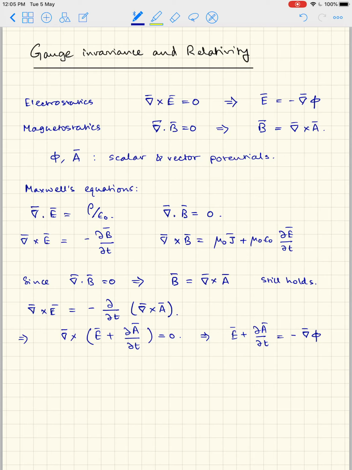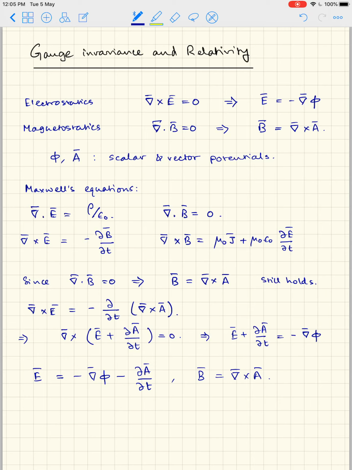So the changed expressions are E is minus grad of phi minus del A del t, and B still remains curl of A. Okay.